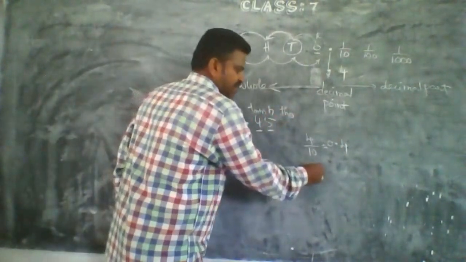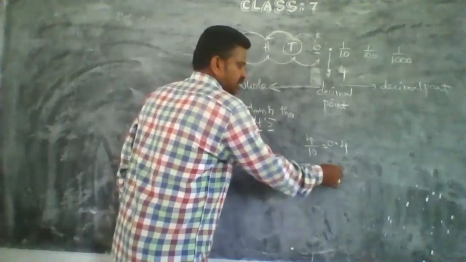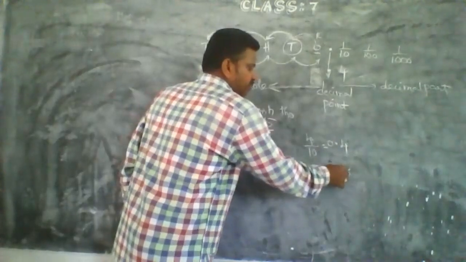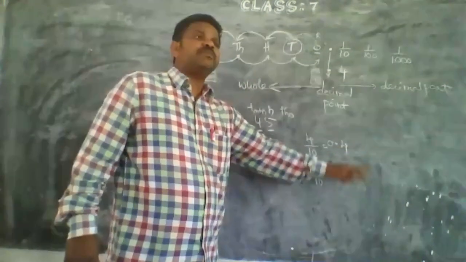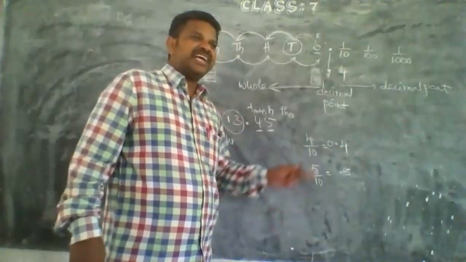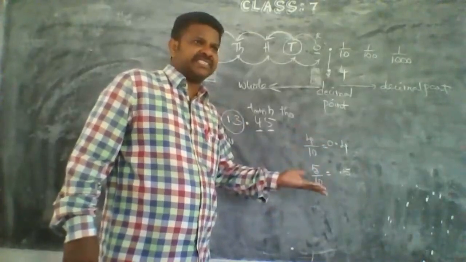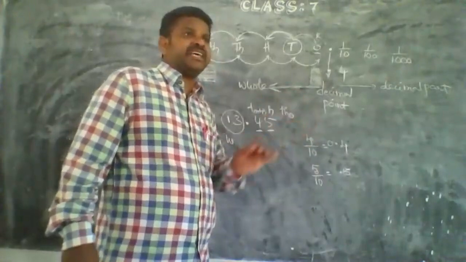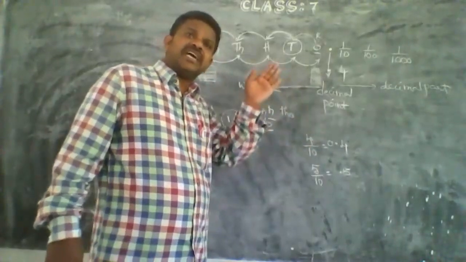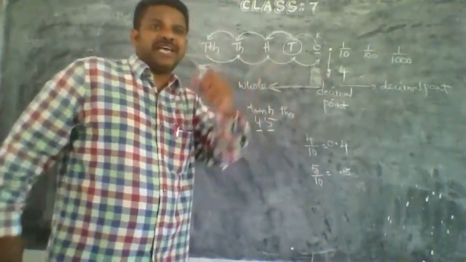Next, 5 tenths is 0.5. The immediate right of the decimal point is the tenths place. The immediate right of the tenths place is the hundredths place. The immediate right of the hundredths place is the thousandths place.